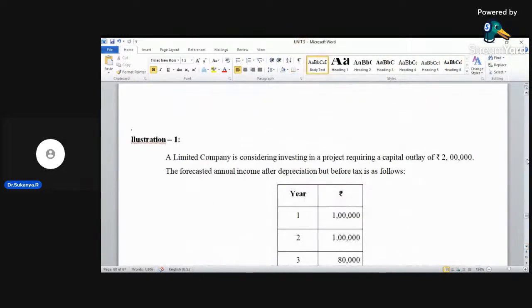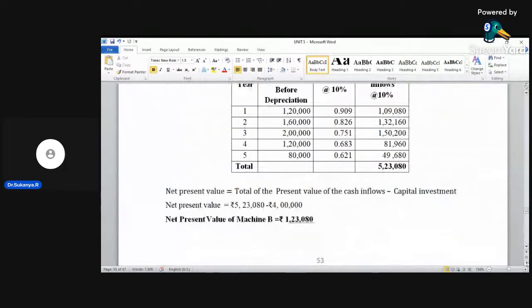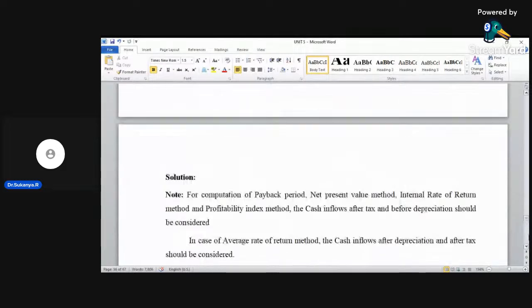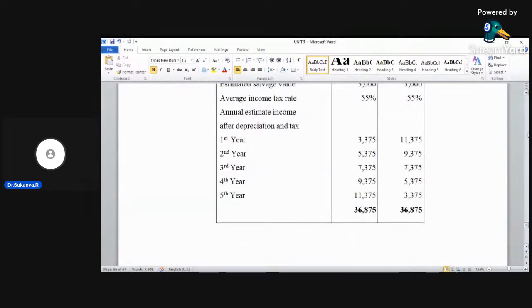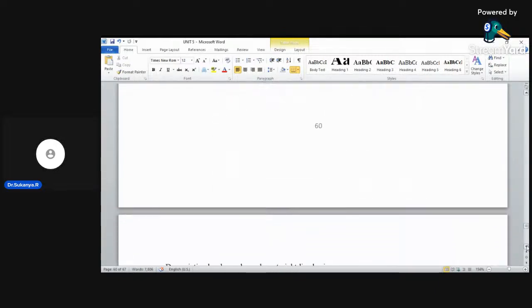Yes, they have given the tax rate as 55%. And they've given you the income after depreciation and tax. That means they've directly given whatever is the income after depreciation and after tax.